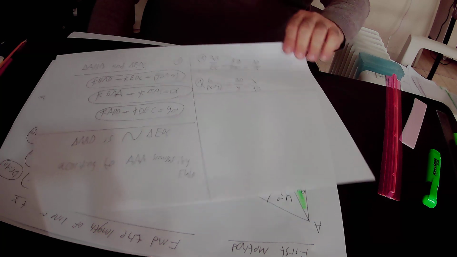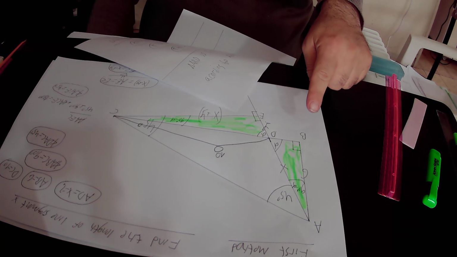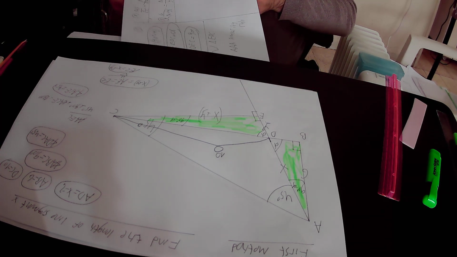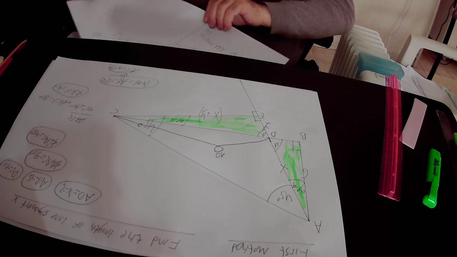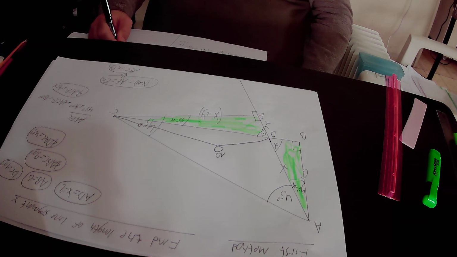We'll find the value of side BD by implementing the Pythagoras theorem on the green right triangle, triangle ABD. According to the Pythagoras theorem, the square of the hypotenuse equals the sum of the squares of the perpendiculars.